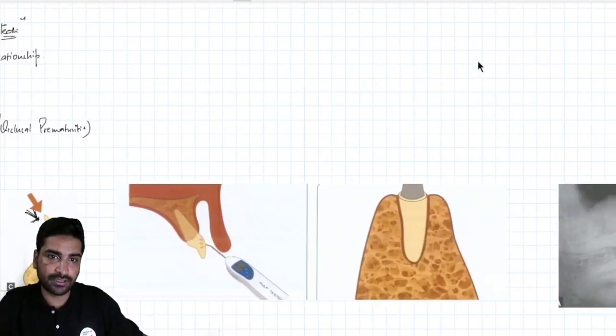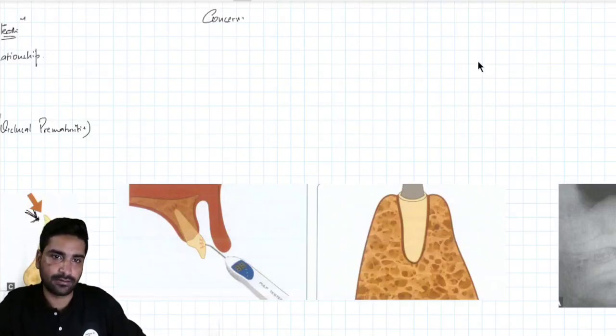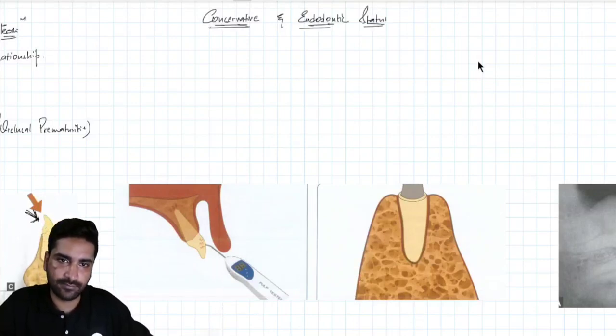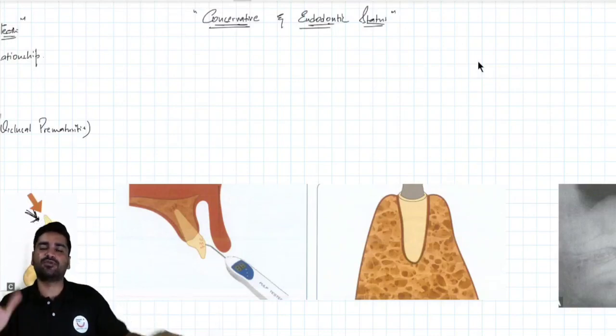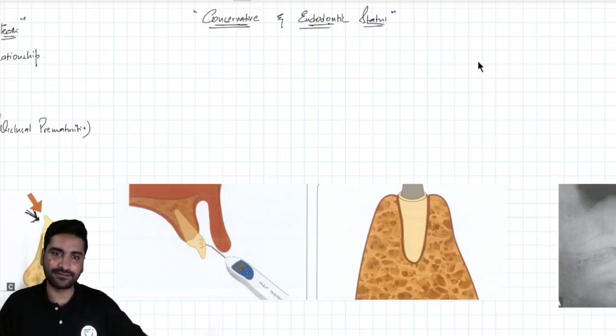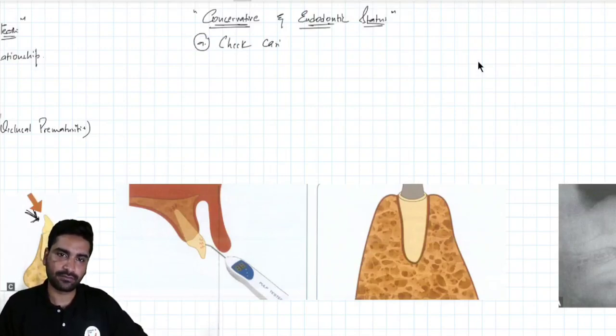Then moving on to the conservative and endodontic status of the existing teeth. This again plays an important role because dental caries is the most common or primary pathology which we come across as a dentist, right? So you need to effectively check the vitality of the teeth. Check for carious lesions or endodontic lesions.